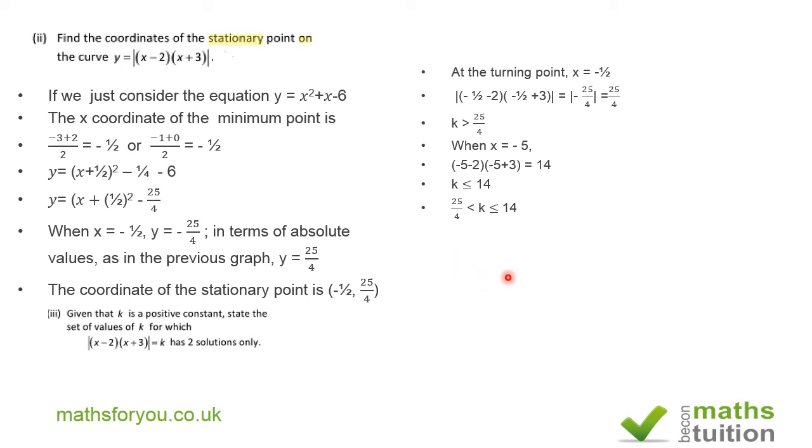Instead of having a U curve at the bottom, it's now flipped over on the x-axis. So instead of saying minus 25/4, we now say k is greater than 25/4 and not minus 25/4. A bit of a mouthful there. I hope all that made some sense, and please subscribe. Thank you for watching, and bye bye now.